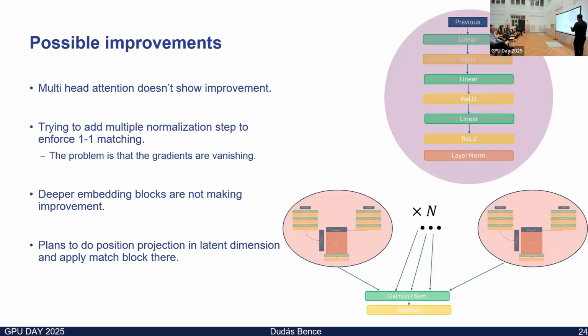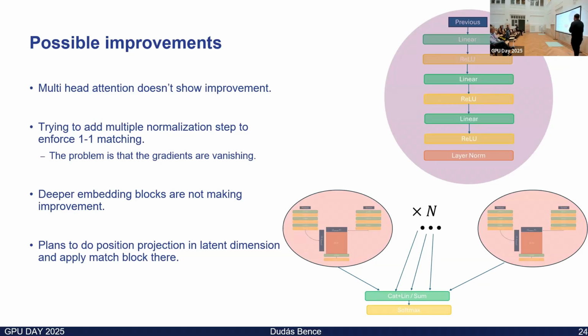What one can do, very similarly to the transformer architecture, is to put multiple of these attention blocks and then average out their predictions, and hope that the results will be better.